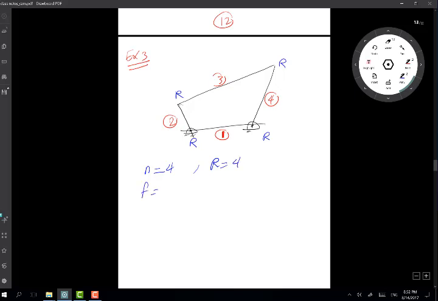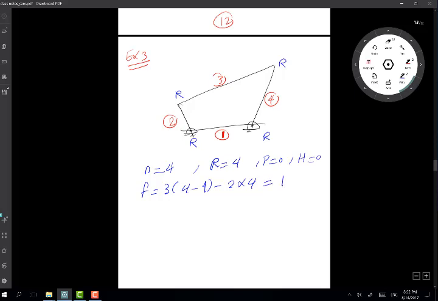So my freedom is 3 times (4 minus 1) minus 2 times 4. Of course, P is equal to 0, H is equal to 0. You can write that or just leave it, it doesn't matter. So this will be equal to 1.